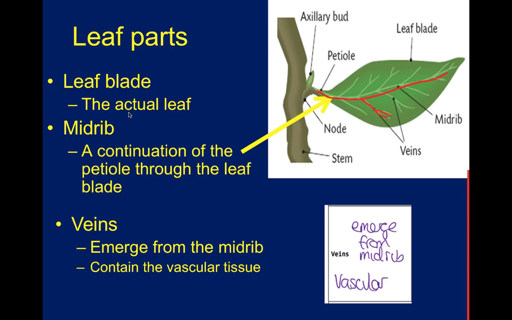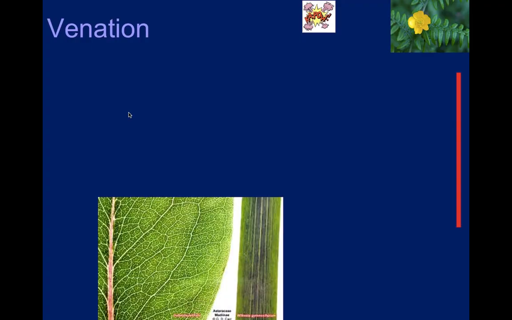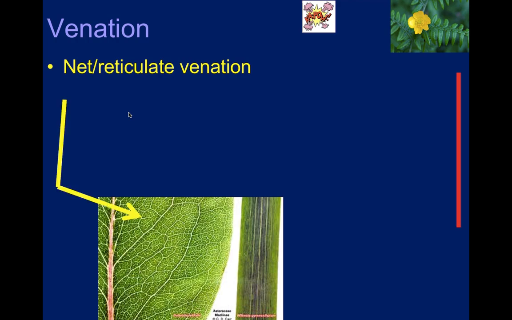There are two types of venation that you would find in a leaf, and they look like this. And again, here's where we look at monocots and dicots because they have specific venation. So we have what's called net or reticulate venation, and the SEC will accept any one of them.